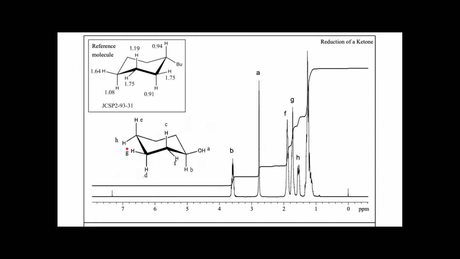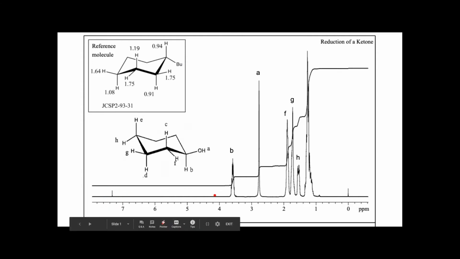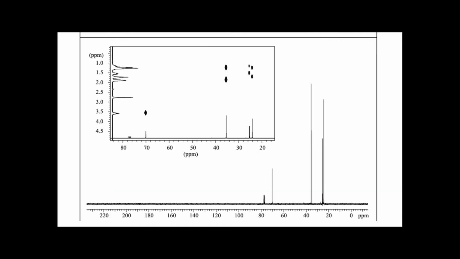All of those are going to be more deshielded than the axial hydrogens. And then we're going to use the same logic to label the axial hydrogens, starting with HC. You can do that on your own, and you'll have to label HC, HD, and HE. And then don't forget to label your solvents right there and right there.